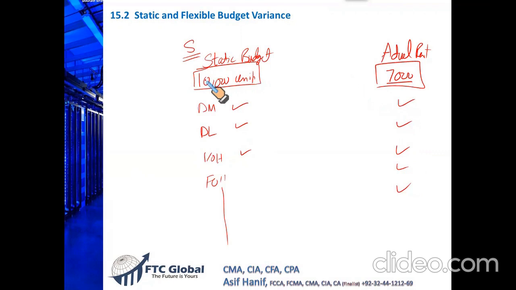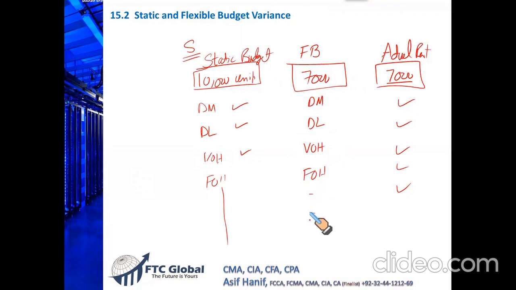A smart approach: I should draw a new budget called the flexed budget or flexible budget. I will draw a new budget for 7,000 units. If 7,000 units were produced, this should be the material used, this the labor incurred, this the variable overhead, this the fixed overhead, and all the other costs.